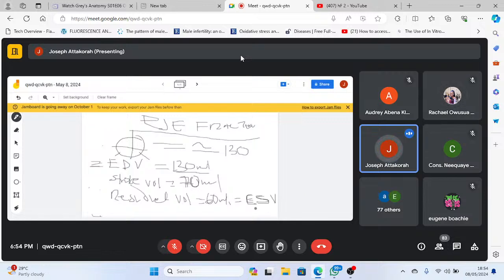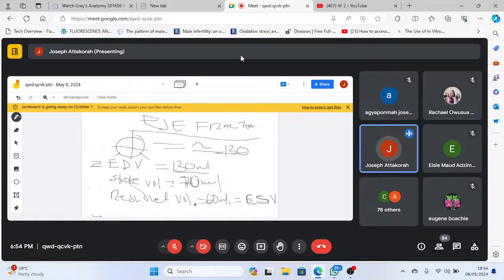At the end of the systole, the amount that will remain will be this. Please note this.